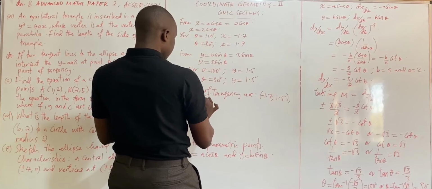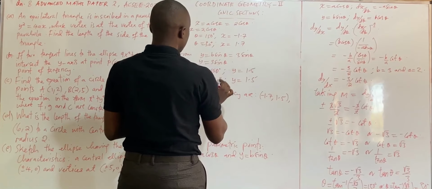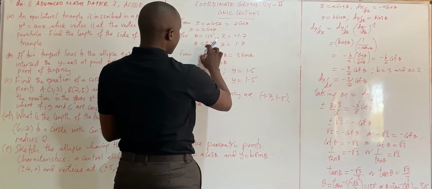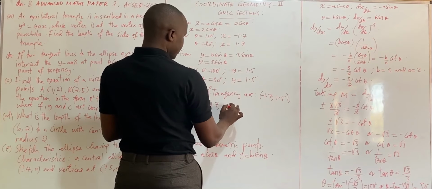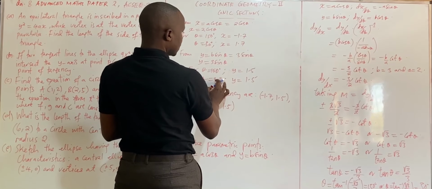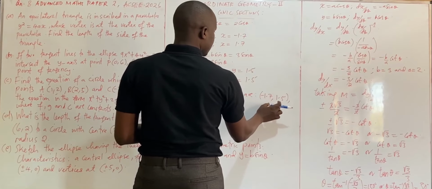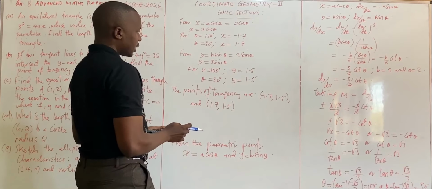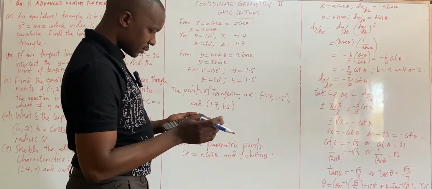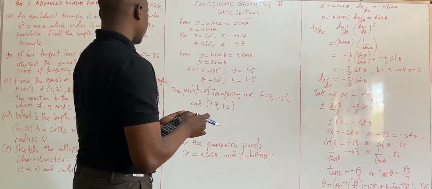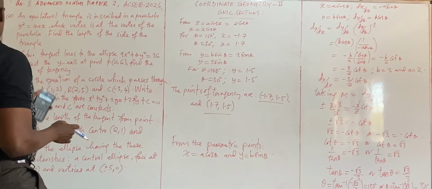And the other one, when it is 30, we get 1.7 for x, and for y we get the same thing, 1.5. So we consider that these two will be the points of tangent. This one is for tangent 1 that touches the ellipse, and this is for the other tangent that touches that ellipse. Sorry, not a circle, that conic section ellipse. Yeah, so these were the required points of tangents. And up to that point, we have answered part B.